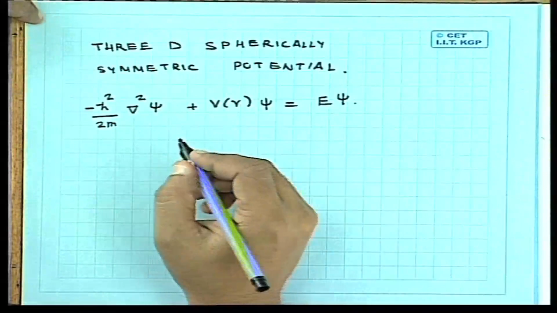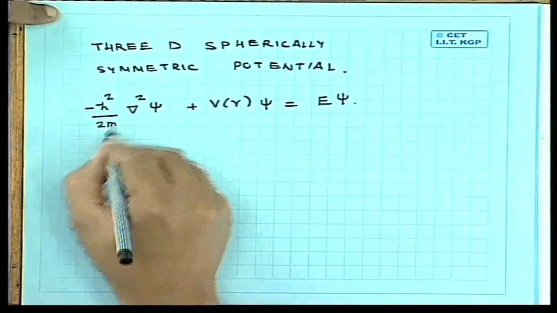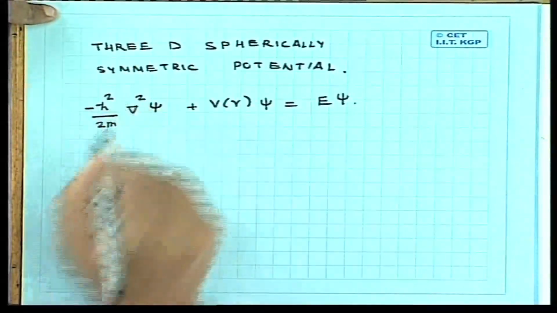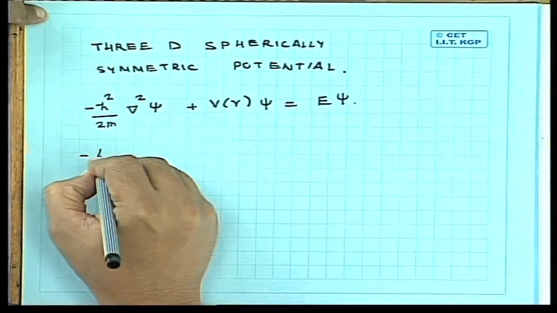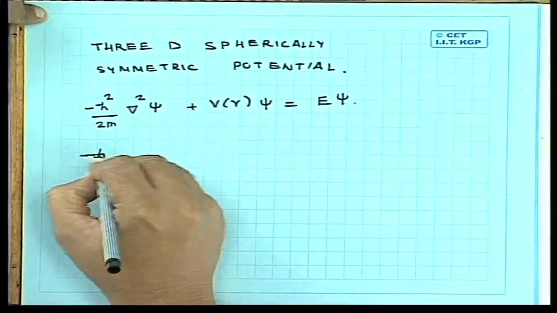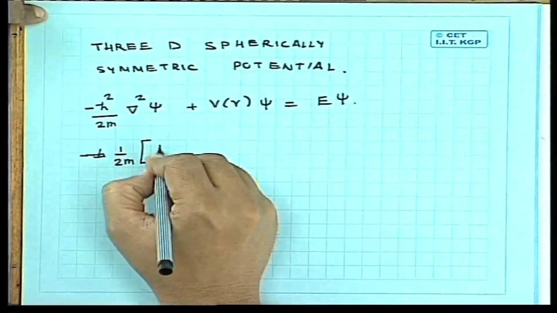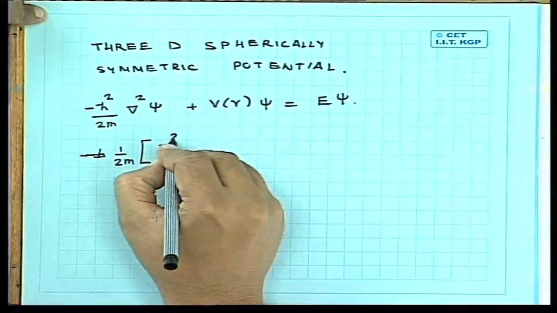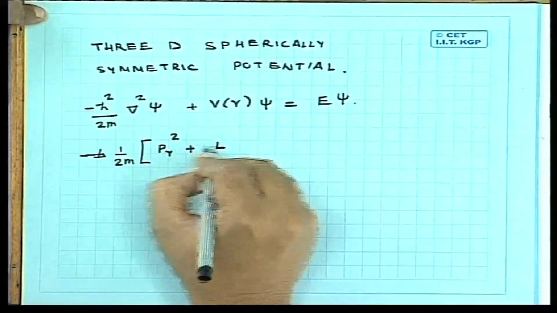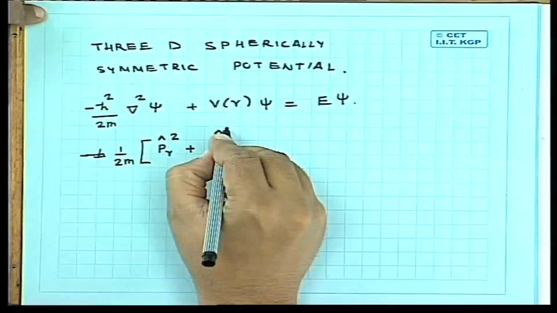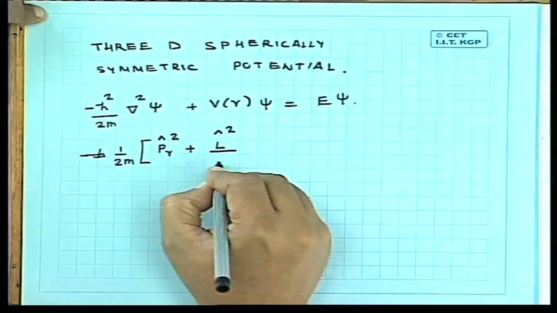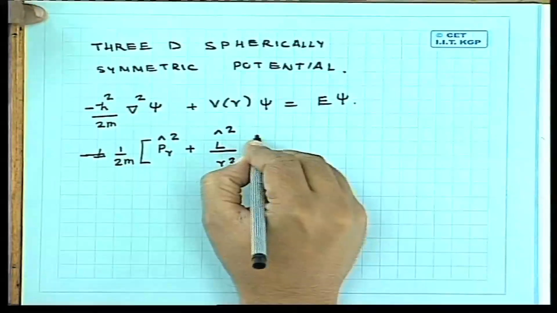The radial part, this whole differential operator, we saw could be associated as follows. There was the radial momentum squared plus the angular momentum squared by r squared.